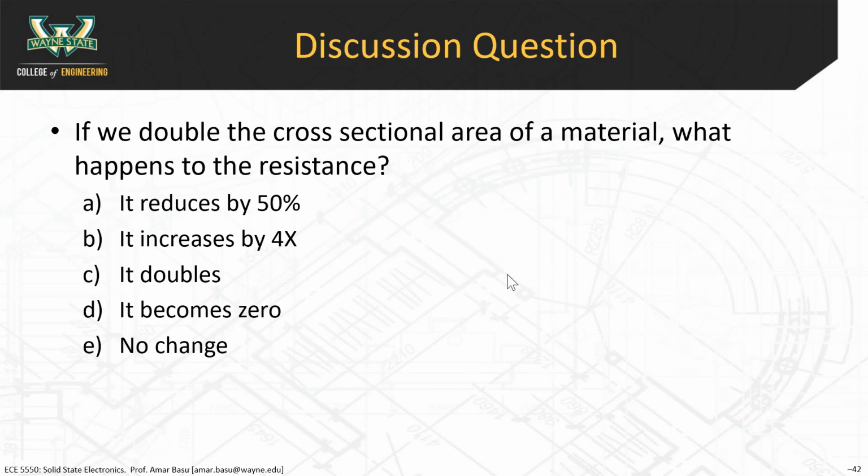So, if we double the cross-sectional area of a material, what happens to the resistance? This is a discussion question. If we double the cross-sectional area, that's right, the resistance gets cut by half. Right, good. What if we double the conductivity? Same thing, right.